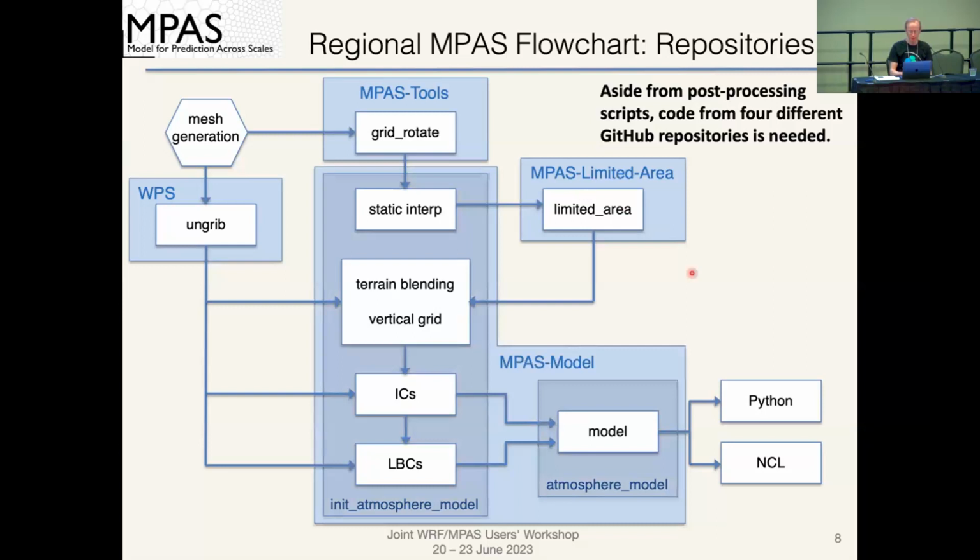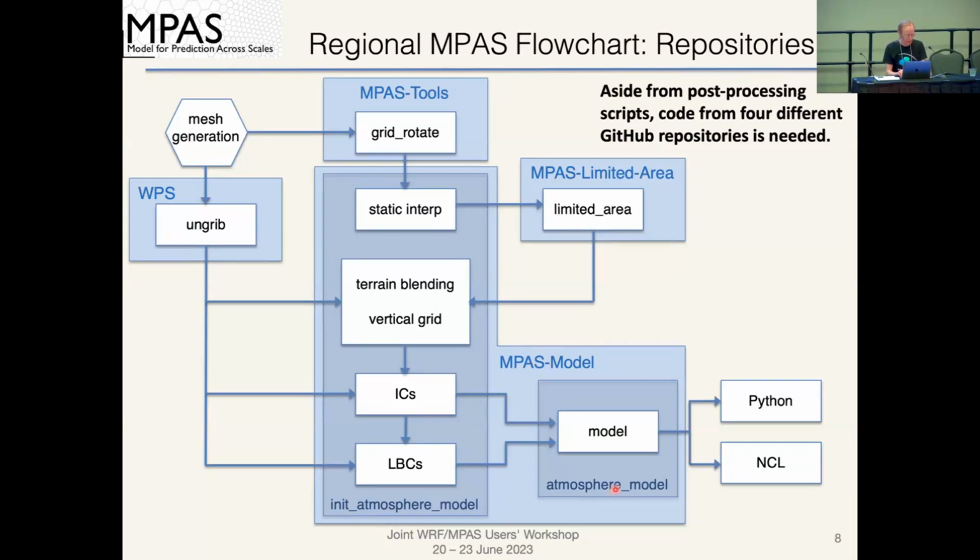And then lastly, there's the MPAS model repository, which, if you're familiar with MPAS, you know has 2 what we call cores. There's a program compiled from the init-atmosphere core called init_atmosphere_model that handles all of these initialization steps. And then there's the atmosphere core that, when compiled, gives you the atmosphere_model program, which is like wrf.exe. So this is like geogrid, metgrid, and real all combined into one. This program is like the WRF model right there.